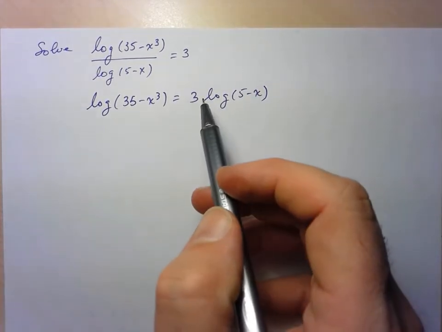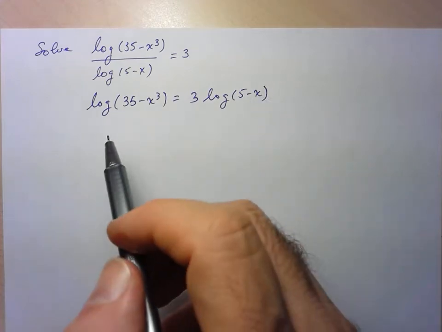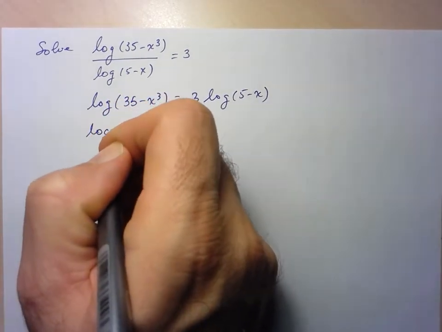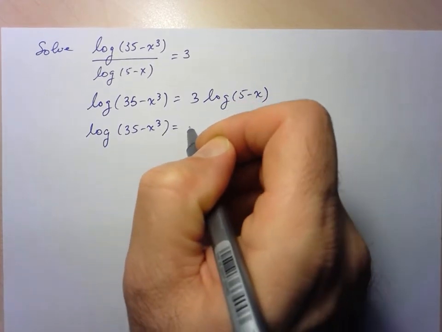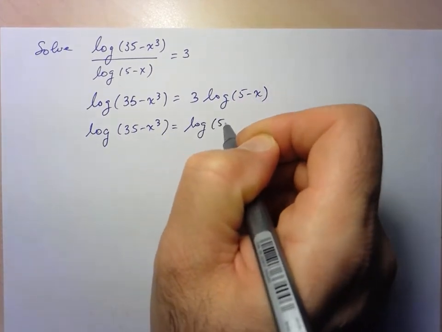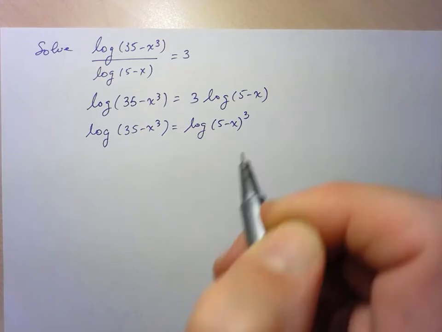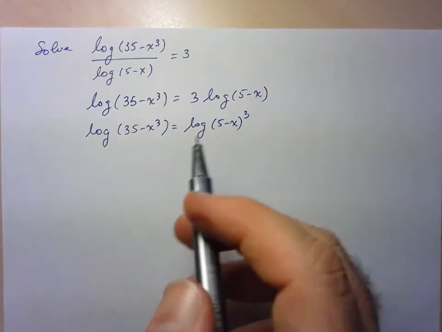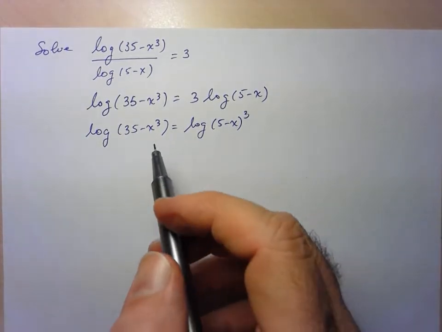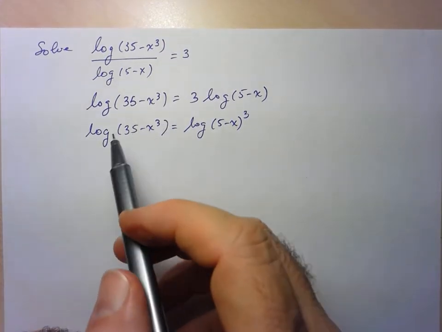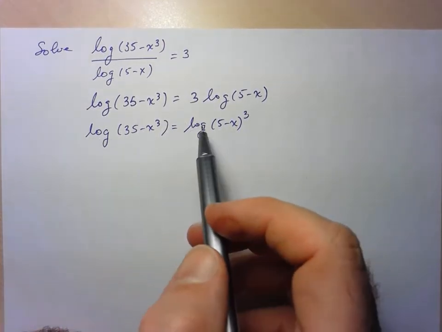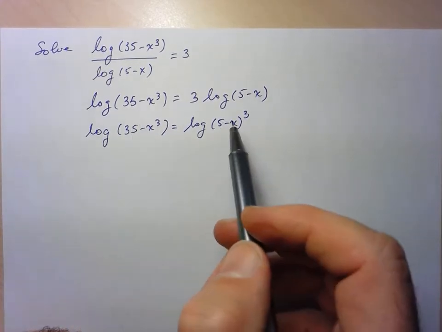So the first thing I'm going to do here is bring that 3 up using the ski-slope rule. We end up with log of 35 minus x cubed equals log of 5 minus x all cubed, and now I've got something that we can use. Two ways you can look at it: you've got two logarithms of the same base on either side, so their inputs must be the same.